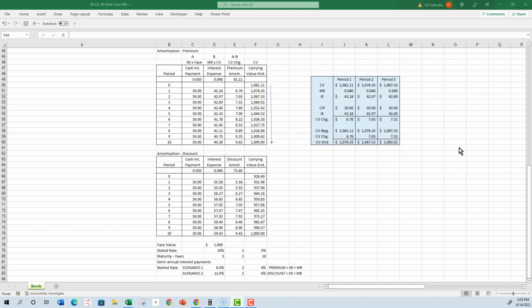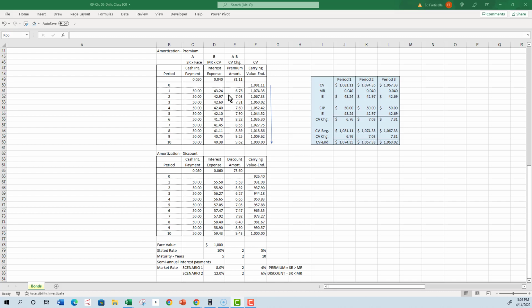You do not have to create an amortization table to do these calculations. In a test question, they'll typically ask you for only 1, 2, or 3 periods. So let me show you, just using equations, how you do the calculation. For period 1, the carrying value is $1,081.11. The market rate is 4%. You multiply the 4% by the $1,081.11 and you get $43.24.